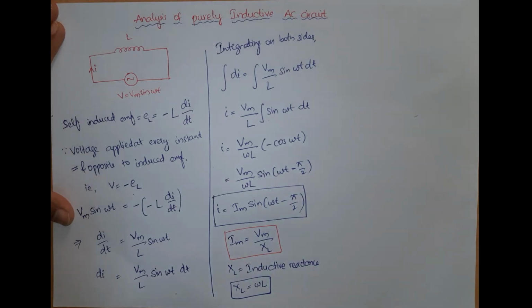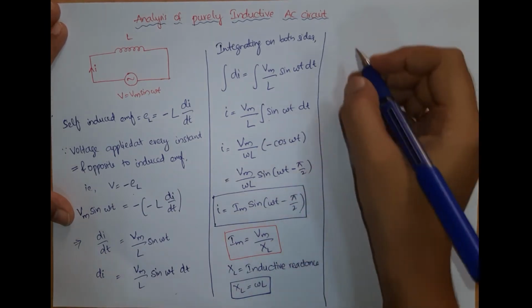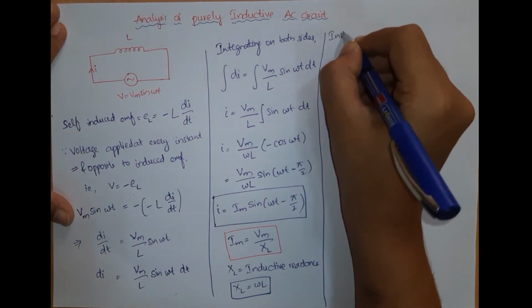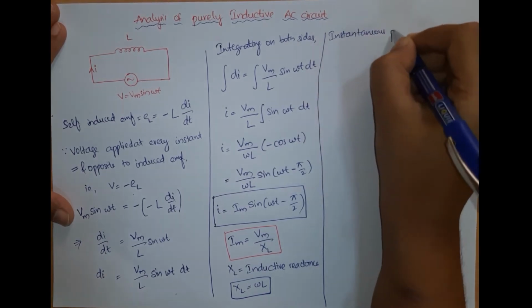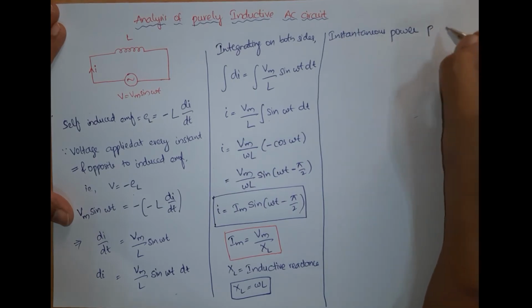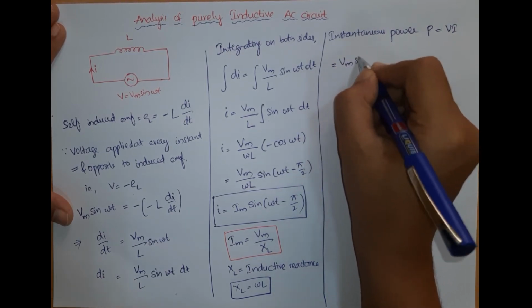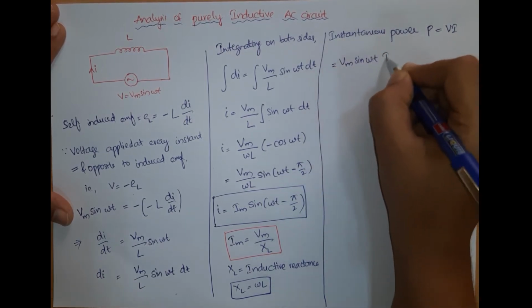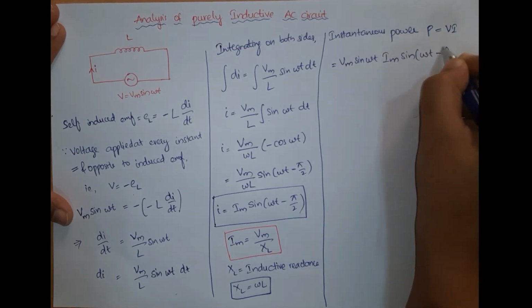Now let us look at some other parameters, like what will be the instantaneous power. Instantaneous power will be indicated by small p, that is nothing but V i, where V is Vm sin omega t and I is Im sin of omega t minus pi by 2.